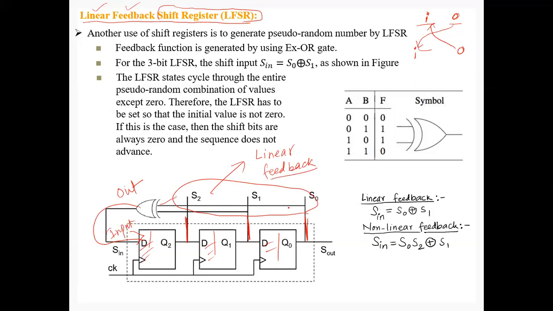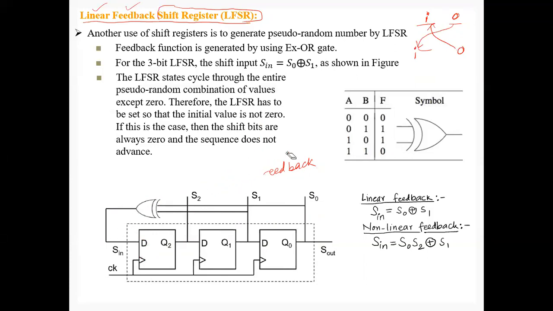Okay, so how do I know this is linear? Let me show you how. So here, as you can see, this is the linear one. This is the feedback loop. How is this feedback generated? How do I represent this?